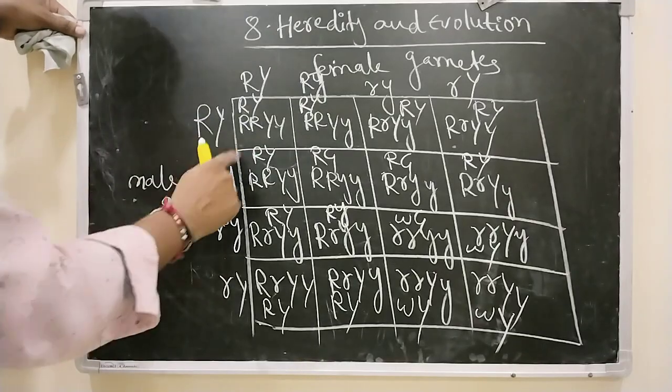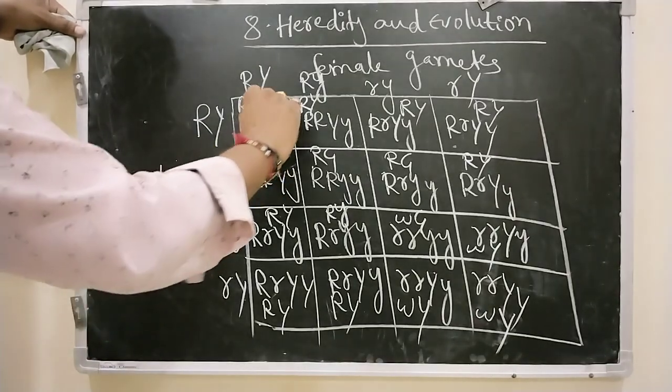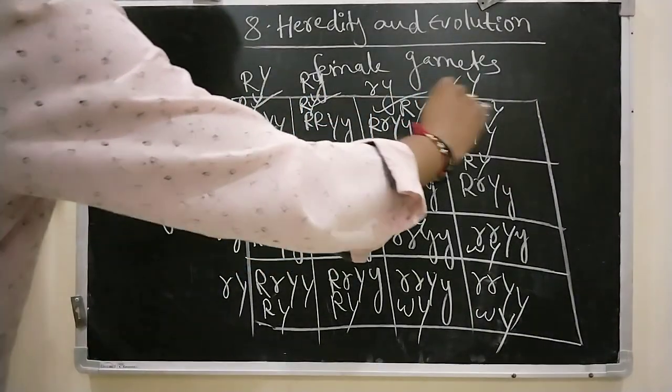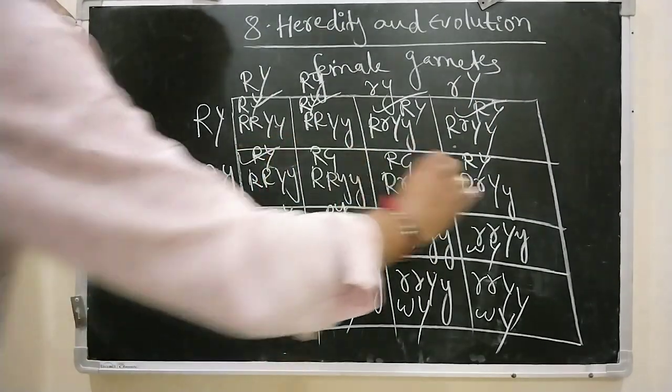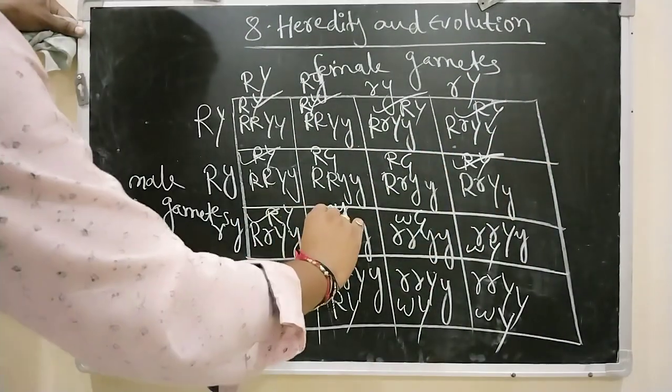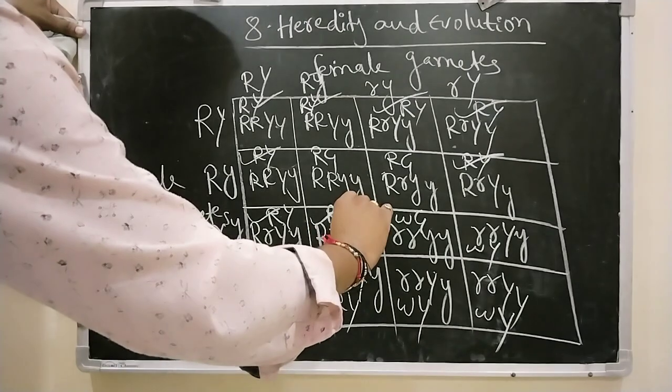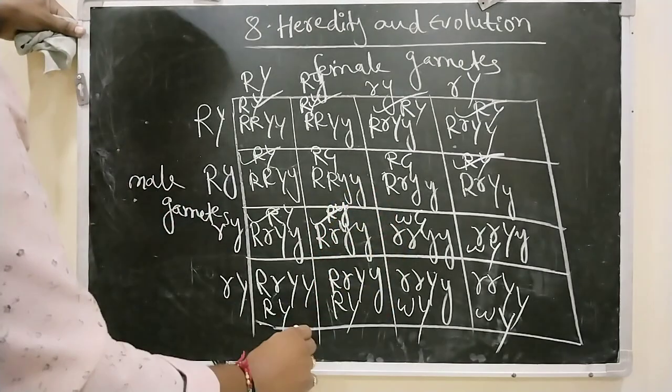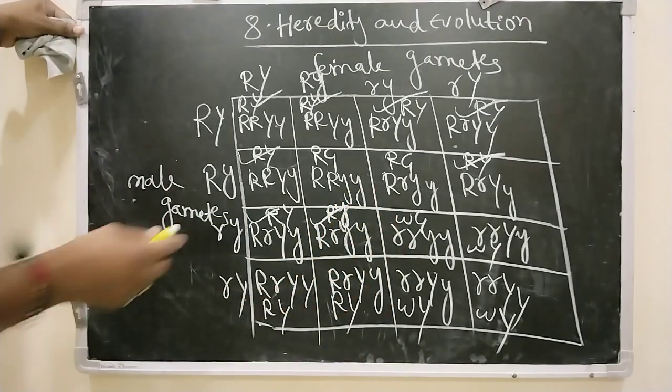See here, how many round yellow are there? 1, 2, 3, 4, 5, 6, 7, 8, and so round yellow, right?